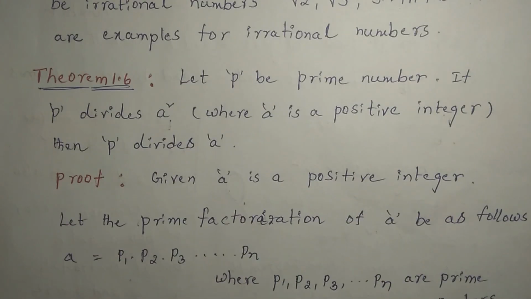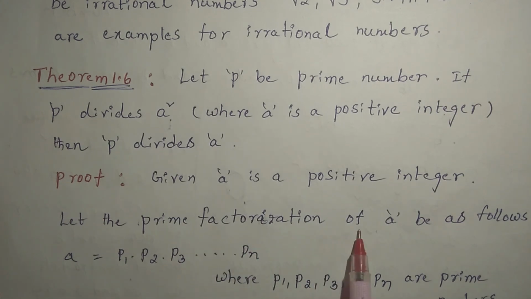We already learned in our previous standard that every positive integer can be expressed as a product of prime factors. So let the prime factorization of a be as follows. That theorem is called, what is the name of that theorem?